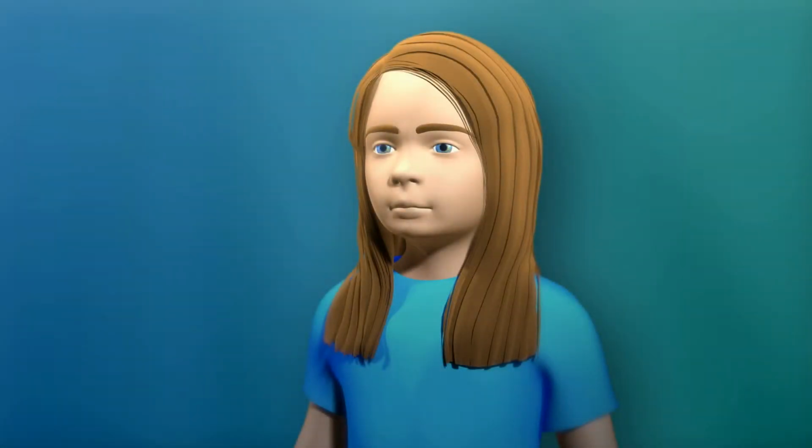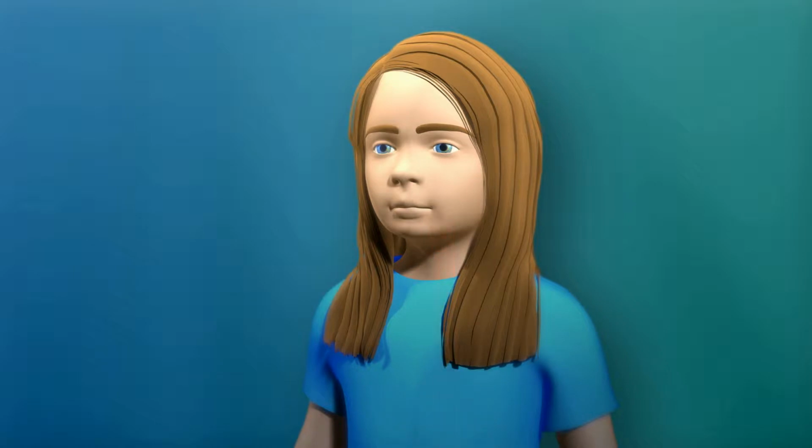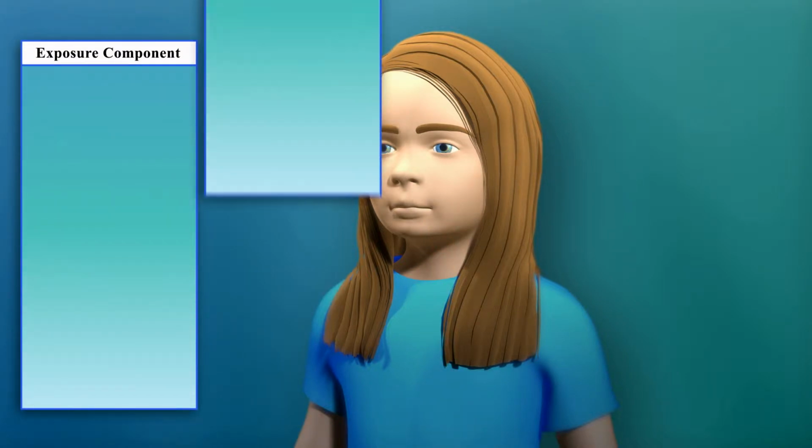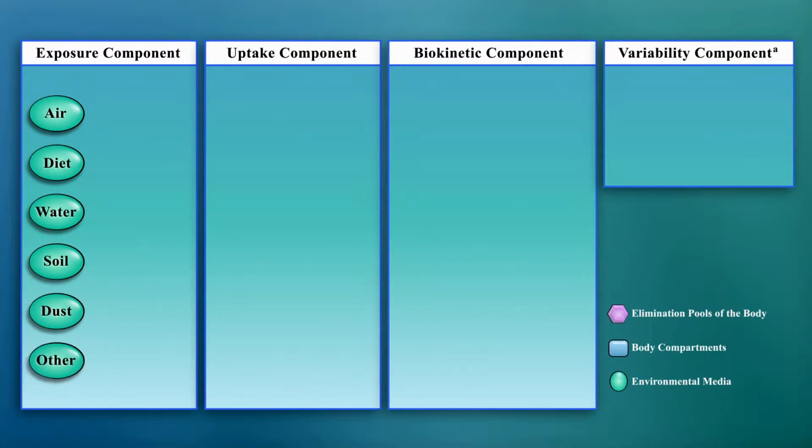The 4 components of the IEUBK model mathematically and statistically link environmental lead exposure to blood lead concentrations for a hypothetical child or population of similarly exposed children. The exposure component includes the types of media where lead may be present, including air, diet, water, soil, dust, and other.